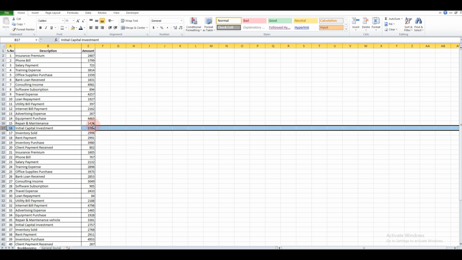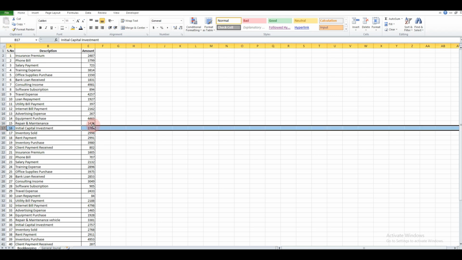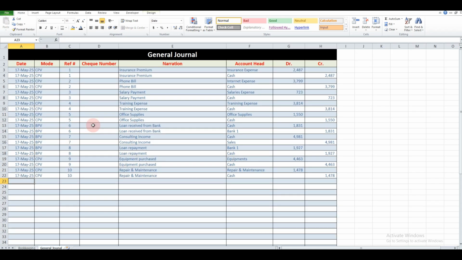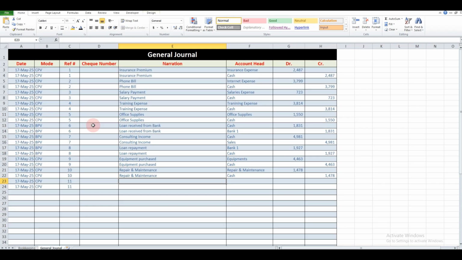Now initial capital investment, it's an equity account. Cash payment, for time saving, capital.